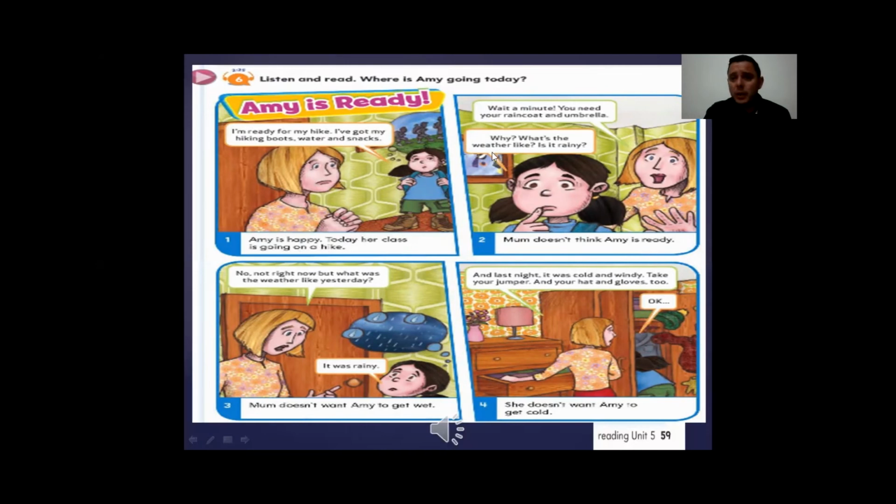What is the weather like? Is it raining now? No, Mom says on page 3, not right now. But what was the weather like yesterday? And Amy says, it was rainy. So, as you can see, we use what's the weather like for right now, and we use what was the weather like yesterday for the past times.